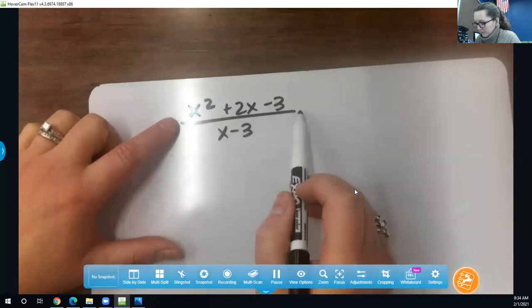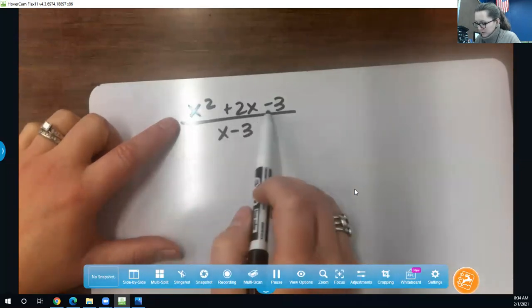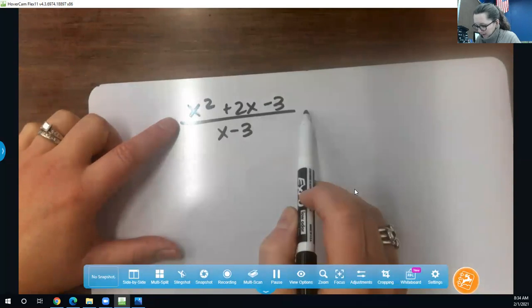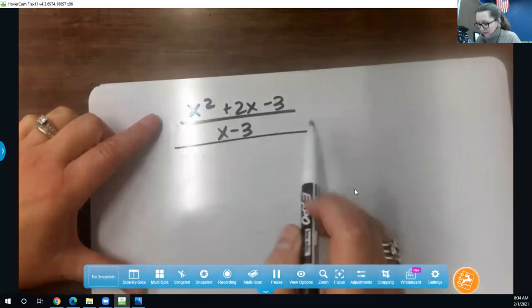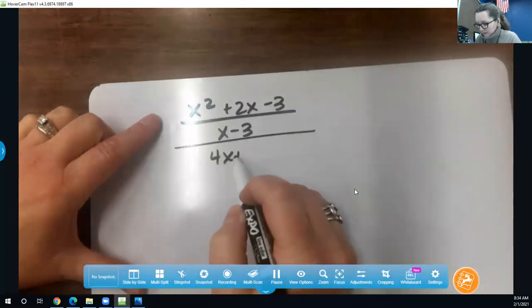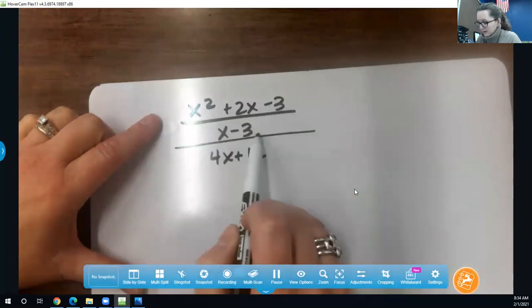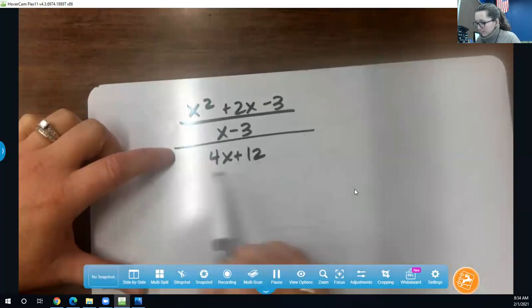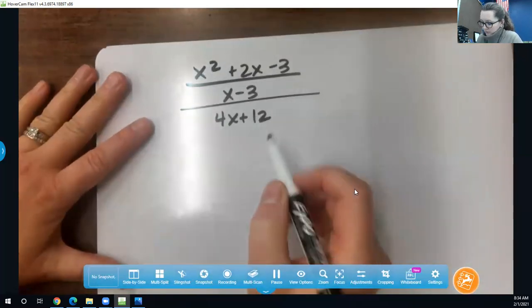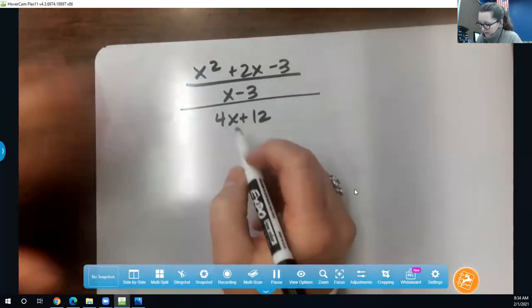It's really divided by. So this is x squared plus 2x minus 3 divided by -3, divided by 4x plus 12. So it's just written vertically instead of horizontally.